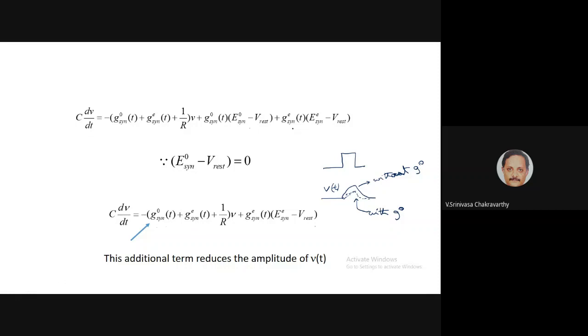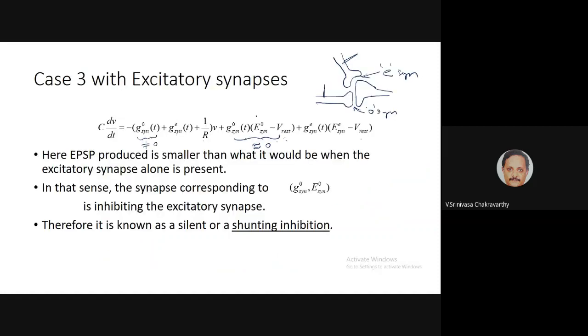The PSP produced by the excitatory synapse acting in isolation will be higher than the PSP produced by the same synapse when it is acting alongside the zero synapse. So this acts like some kind of inhibition, and that kind of inhibition is called shunting inhibition, because it's drawing away some current. It will effectively inhibit the voltage response. It's like a silent inhibition, and it's called shunting inhibition.